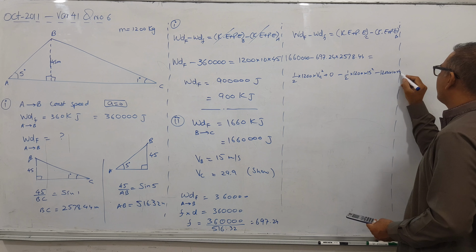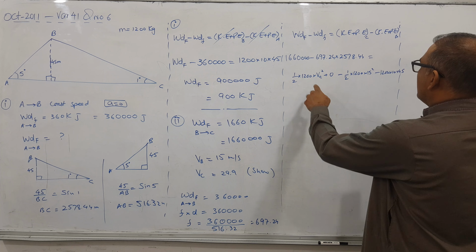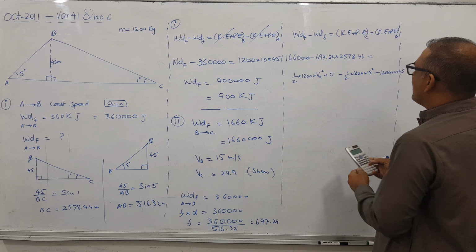So I do 45. I will calculate and get VC, and you can do the calculation. I think it is easy, not a hard job.